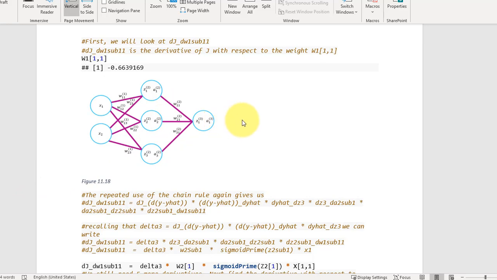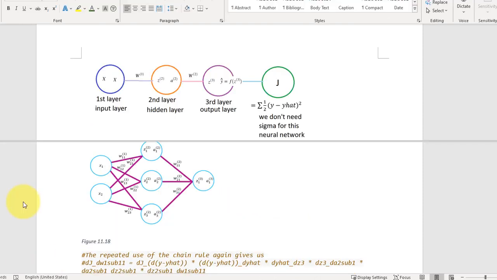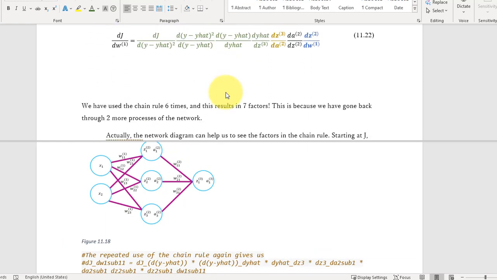So when we go from J to here, and here, and here, we defined delta 3. So that's always going to remain the same. So this part is delta 3, and it's a little hard to read here, so let's go back and look at the original network architecture.